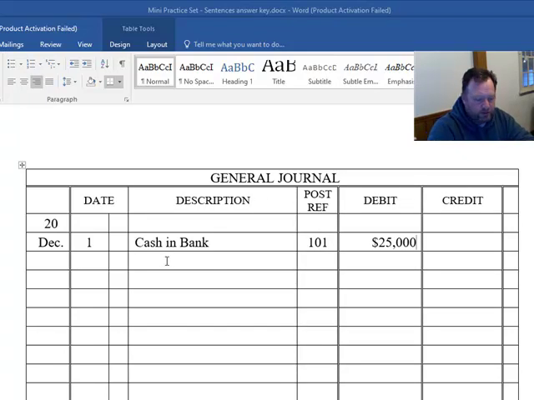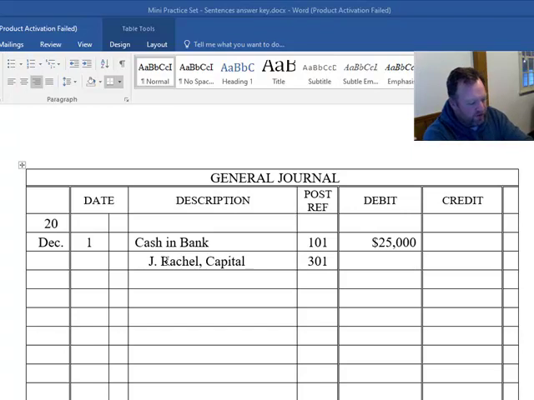The next account affected is her capital. Again, you can abbreviate if you need to. Her capital account, according to our chart of accounts, the worksheet I just minimized, was 301, hence why the mistake needs to be corrected now.